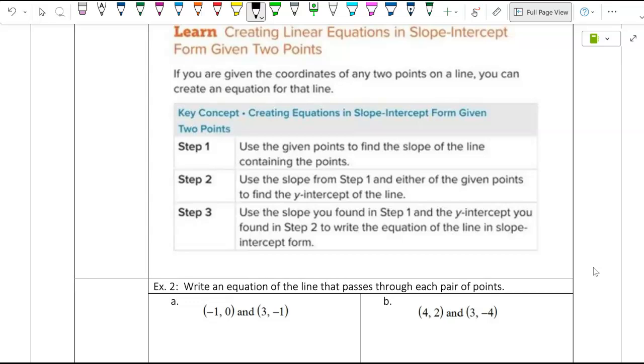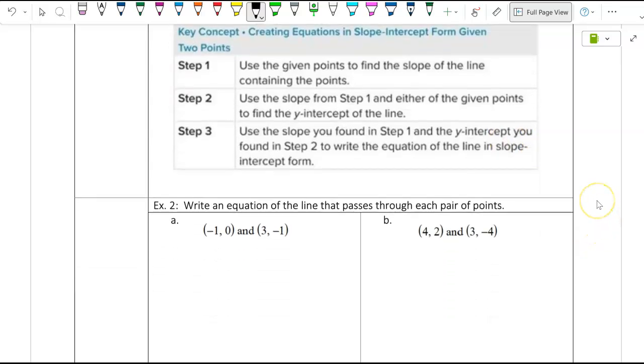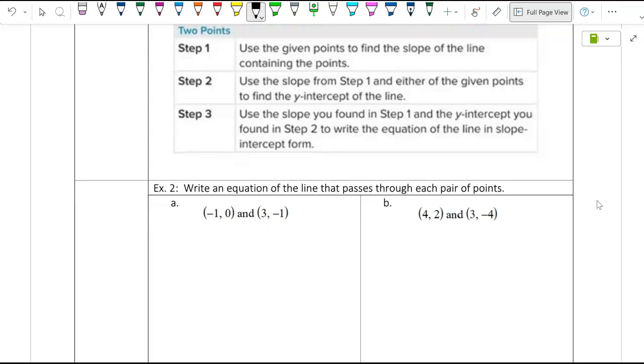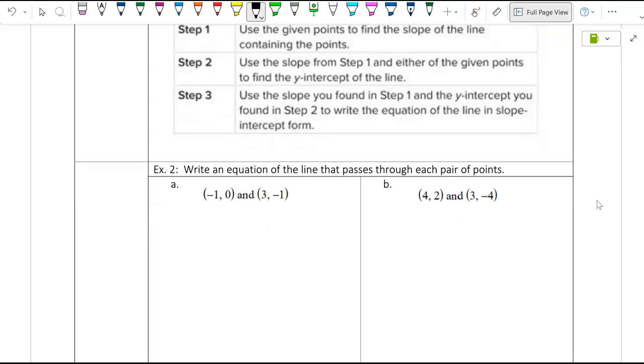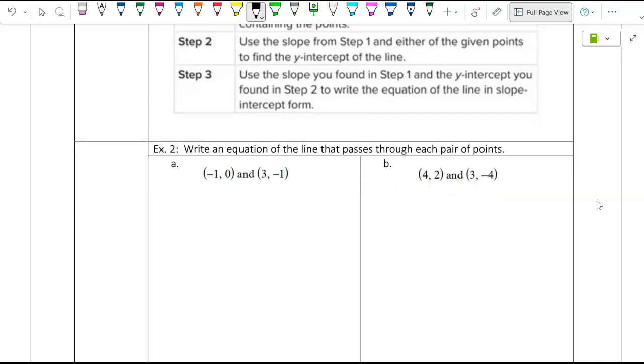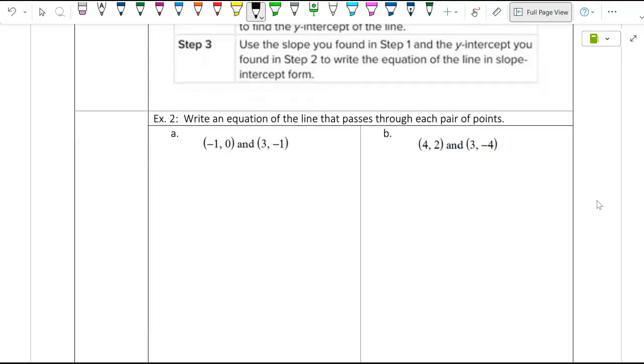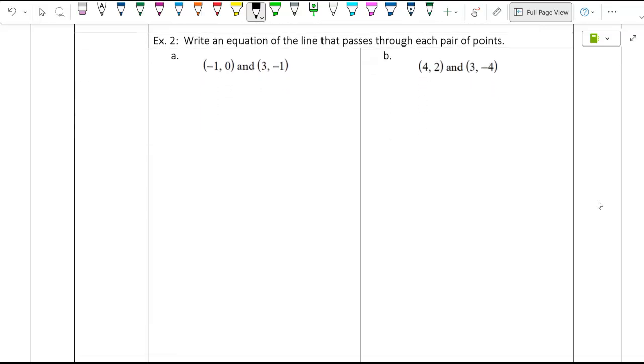Use the given points to find the slope of the line containing the points. Then use the slope from step 1 in either of the given points to find the y-intercept of the line. Use the slope you found in step 1 and the y-intercept you found in step 2 to write the equation of the line in slope-intercept form. So this is adding one more step to what we just did, because now we have to determine the slope.